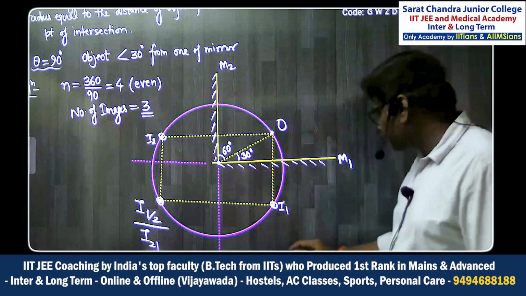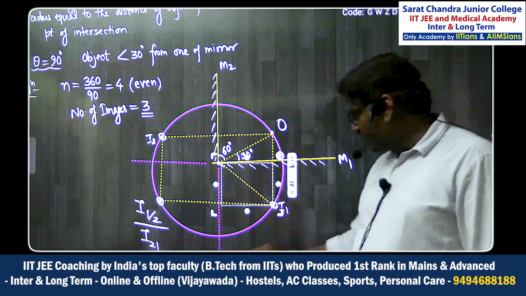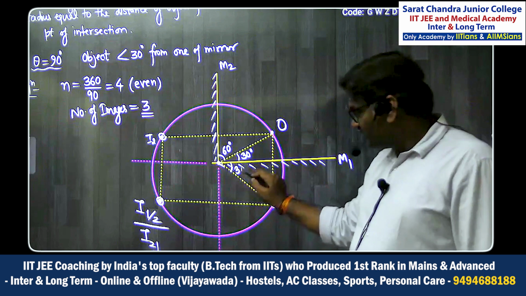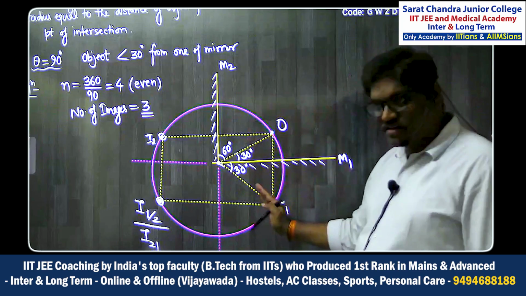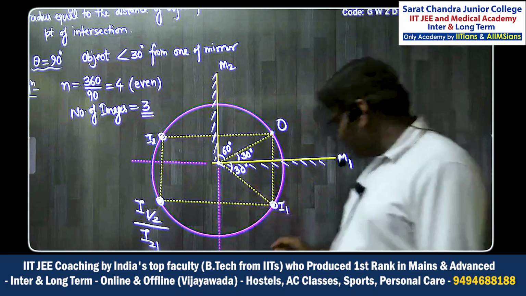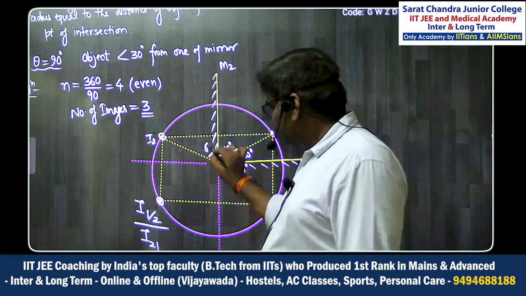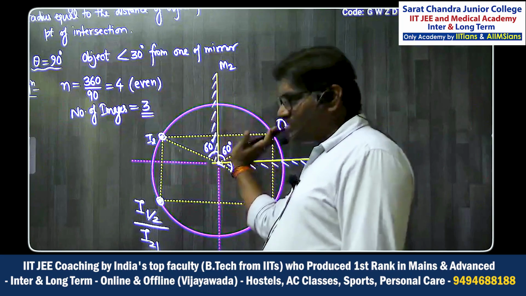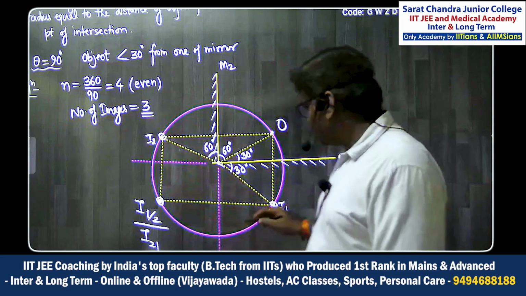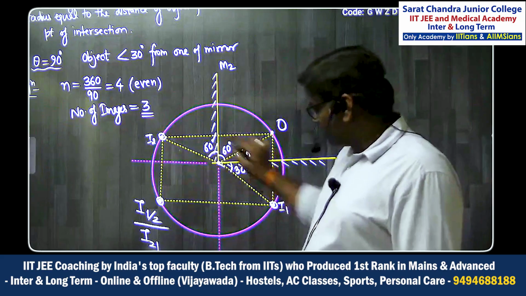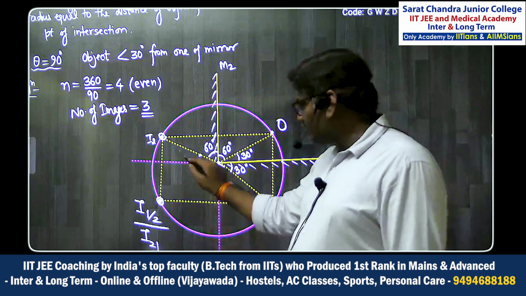Now see the other way around. If I draw this line, how much should this angle be? 30 degrees. It is 30 degrees with the mirror. Yes or no? If I draw this line, how much should this angle be? 60 degrees, because if this is the image which is making 60 degrees with the mirror, this also should be 60 degrees. Understood? Now this is 60, 60, 60, 180. Now, how much is this angle? 30 degrees.